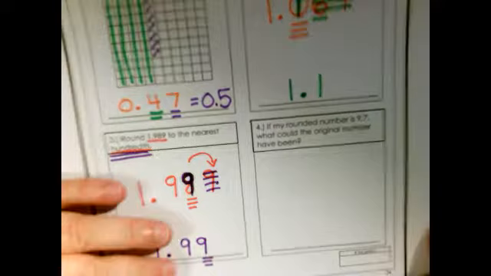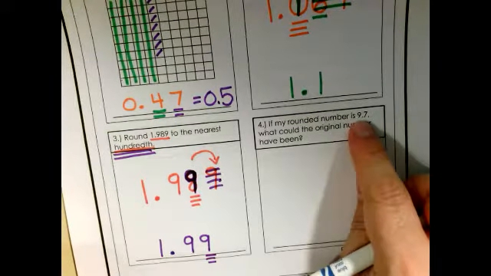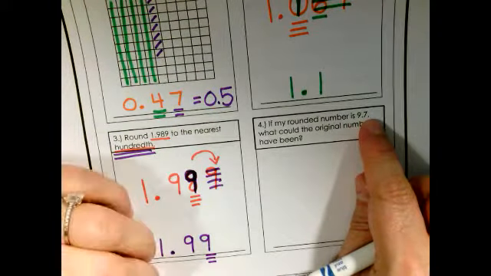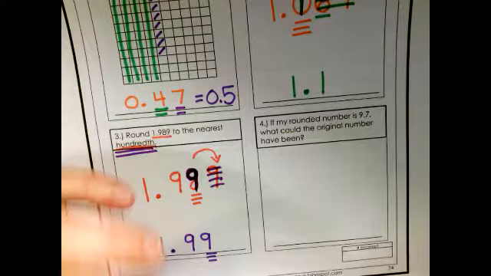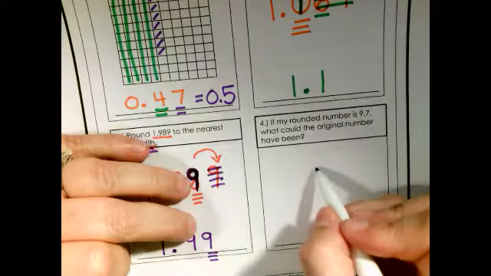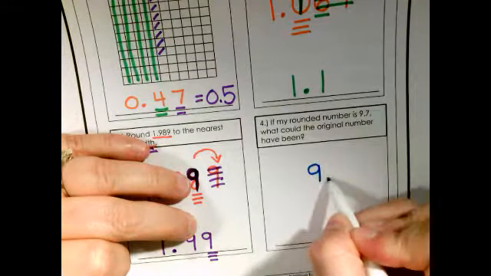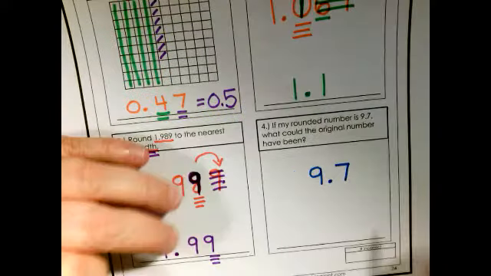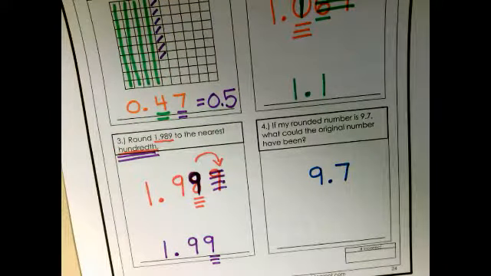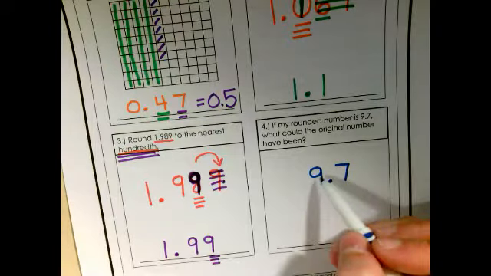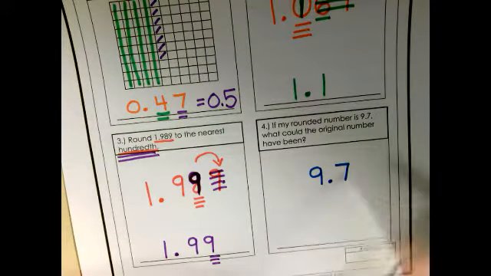Okay. If my rounded number is 9 and 7/10, what could my original number be? Well, so I have 9 and 7/10 here. Well, let me think about this. What would round to 9 and 7/10?